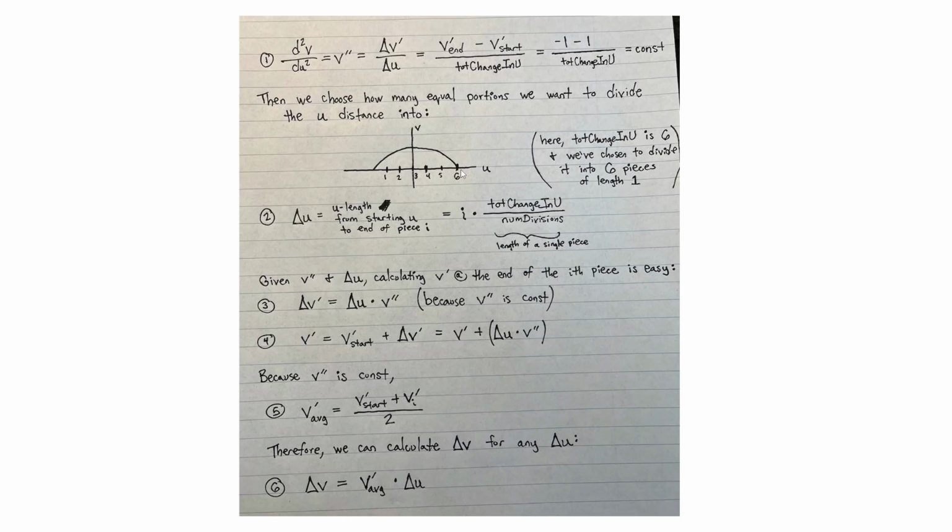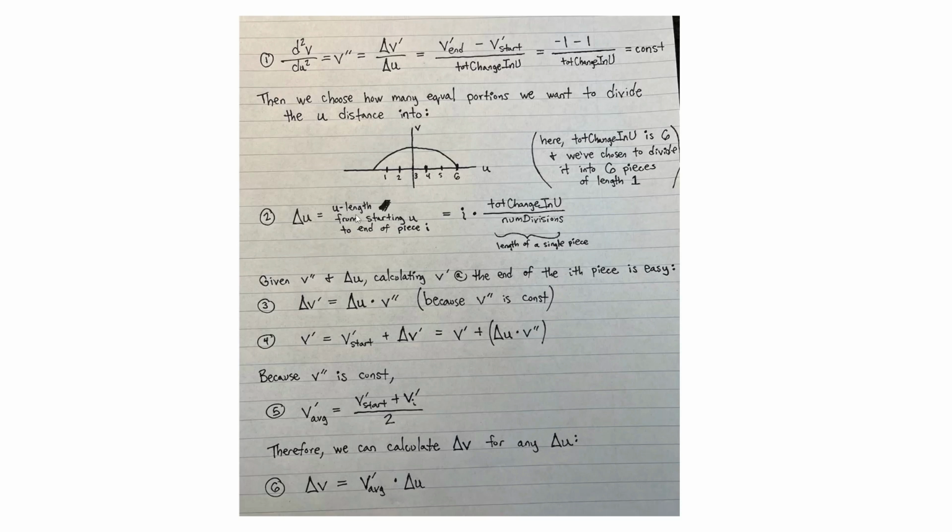But let's say we said the total change in U is 6, and we're going to divide it into these 6 equal pieces. What I'm going to try to find in code is, what's the change in V after this first delta U, and then what's the change in delta V after the second delta U, and third, and fourth, and fifth, and sixth.